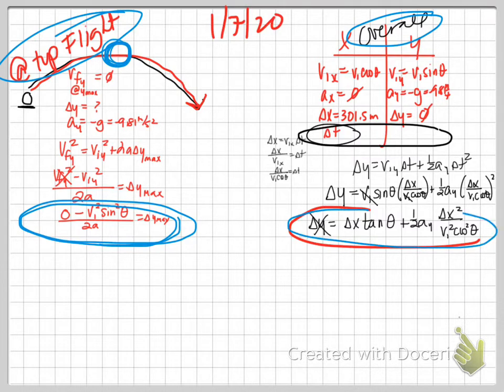Everything that we're writing in this equation has to be true overall. Delta y overall and delta y at top of flight are not the same.